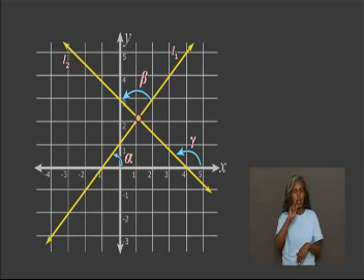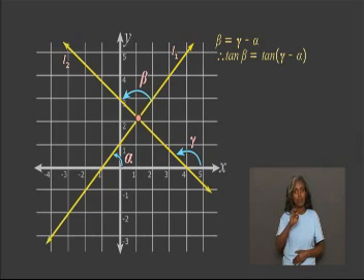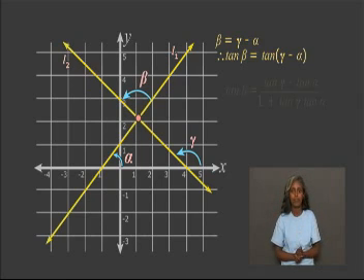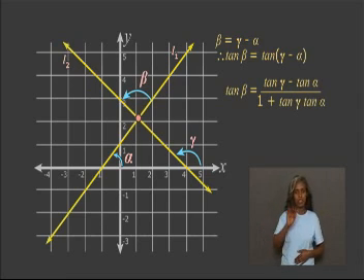Gamma is the angle of inclination for L2, just as alpha is the angle of inclination for L1. Beta equals gamma minus alpha. This means that the tan of beta equals the tan of (gamma minus alpha). If we expand the brackets, we get the equation seen here.